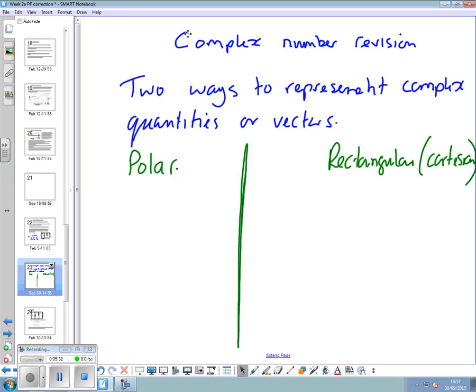And it's about being able to represent not just the magnitude of a quantity, but also its angle or phase.